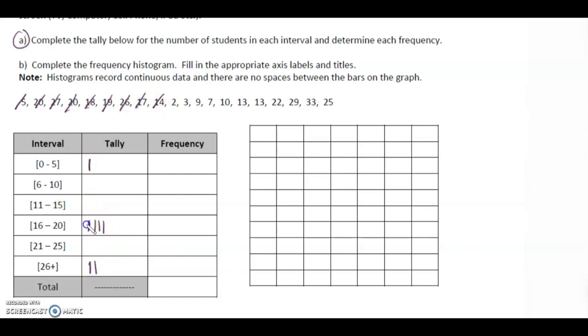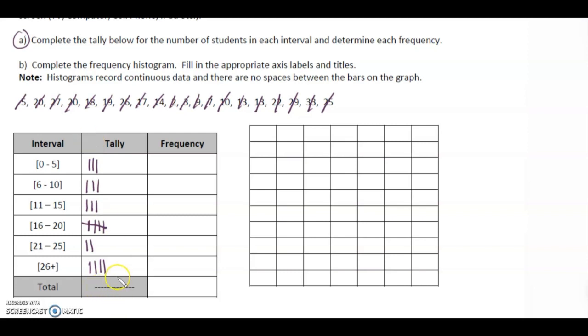So 17 is here, 14 is here. 2 and 3 go together down here. 9, 7, 10 all go here. 13 and 13 are going to go in the same, so those are going to go here. 22, 29, 33 and 25.